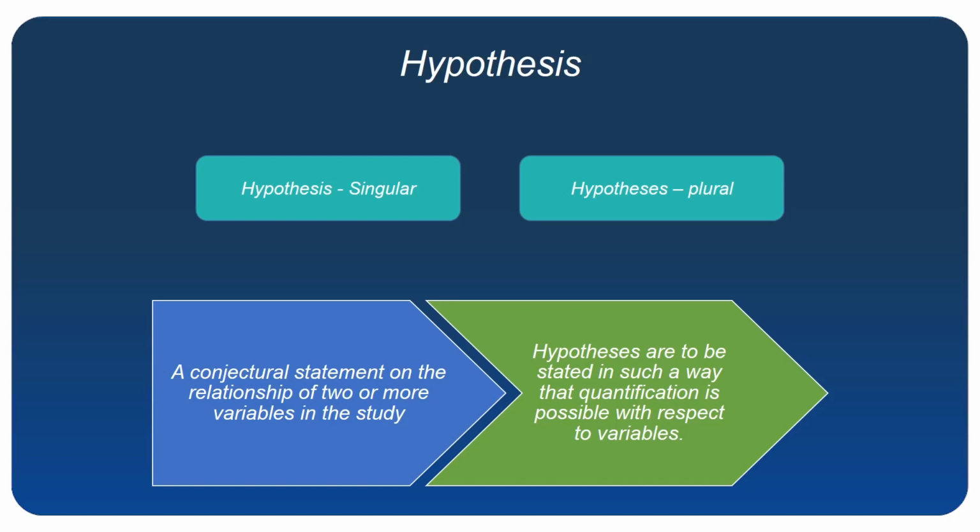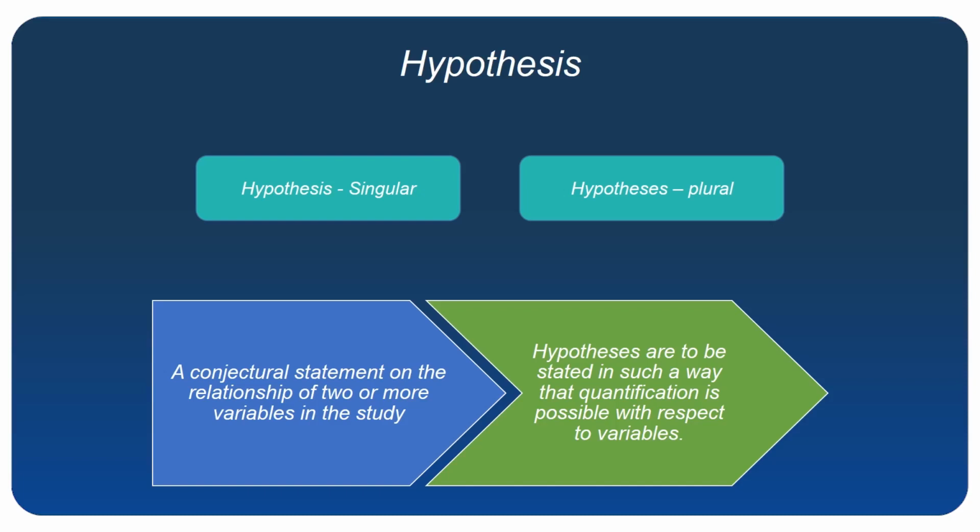It's a conjectural statement on the relationship of two or more variables in the study. Just one word makes hypothesis and problem differ from each other. If a problem is an interrogative statement, a hypothesis is a conjectural statement. By conjecture, we mean assume. It's based on assumption.